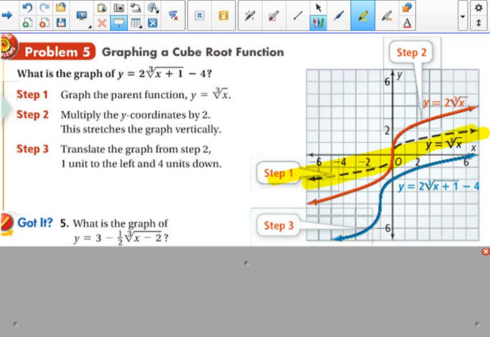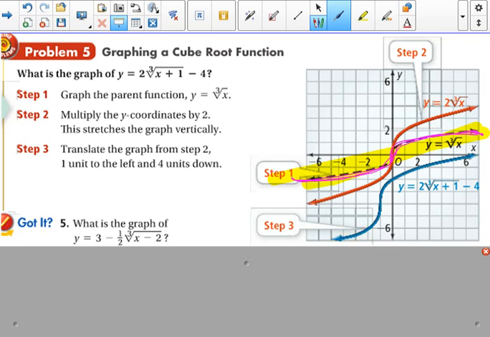I'll just color it yellow. The dashed line goes from here down and over. It crosses through the origin and takes a drastic curve up and a drastic curve down. So that's our parent function.